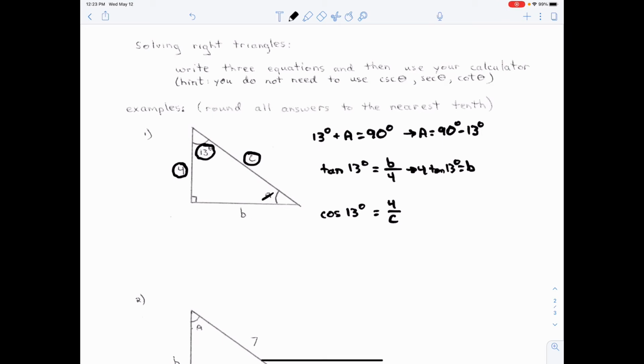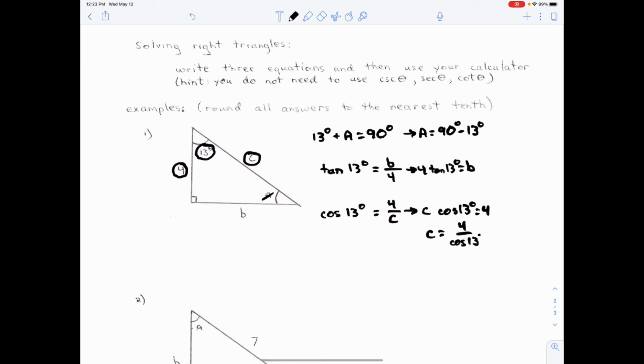Okay, fine. And on this one, we're going to multiply by C, right? Get rid of the fraction. And so that's C times the cosine of 13 degrees equals 4. And then I divide by the cosine of 13.